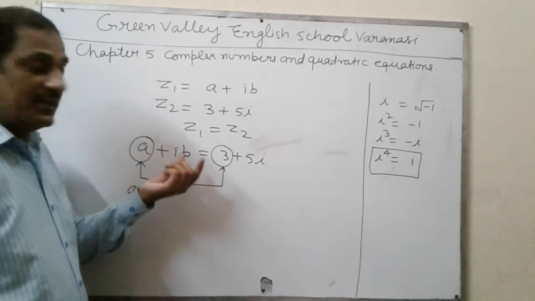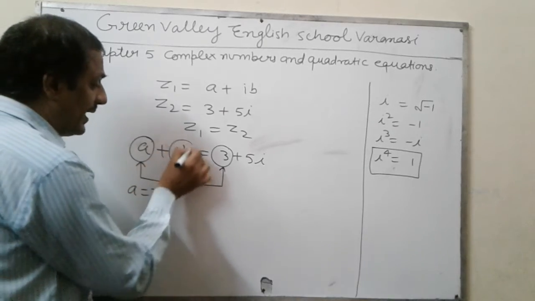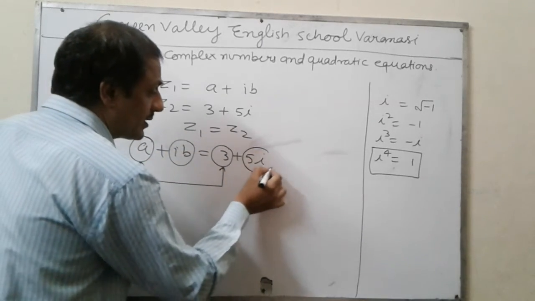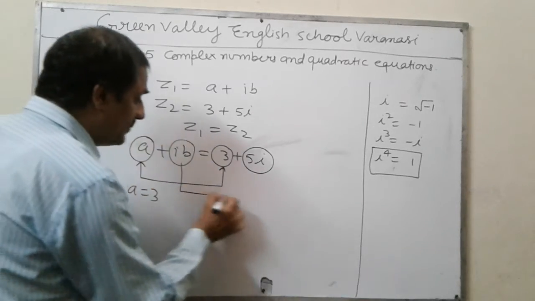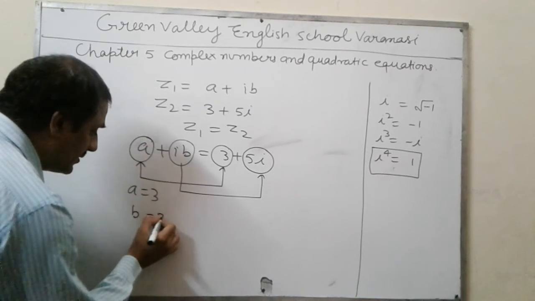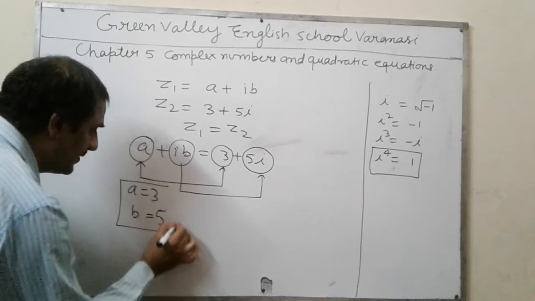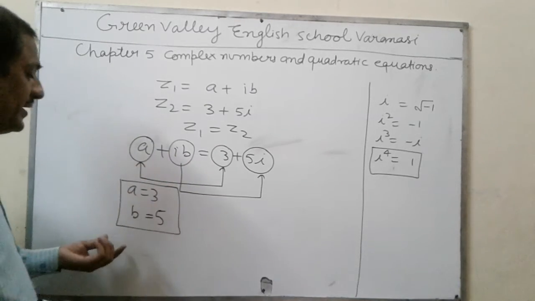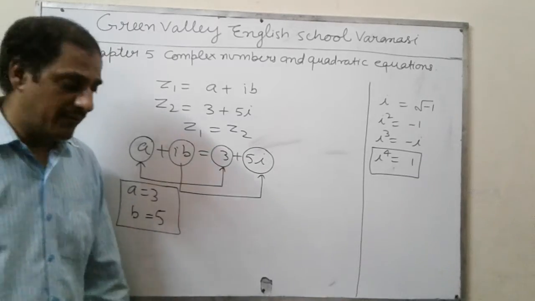The imaginary part of the first complex number is ib and the imaginary part of the second complex number is 5i. It means ib is equal to 5i, so b is equal to 5. So a equal to 3 and b equal to 5.